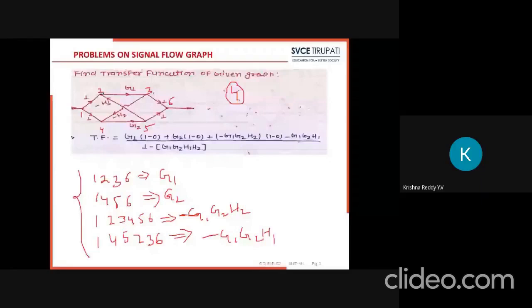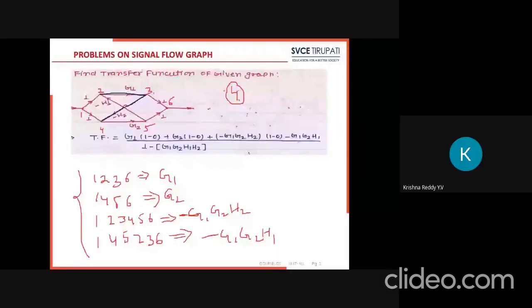If you start here, G1, H2, G2, H1, we have only one loop in this problem. Its gain is G1, G2, H1, H2.